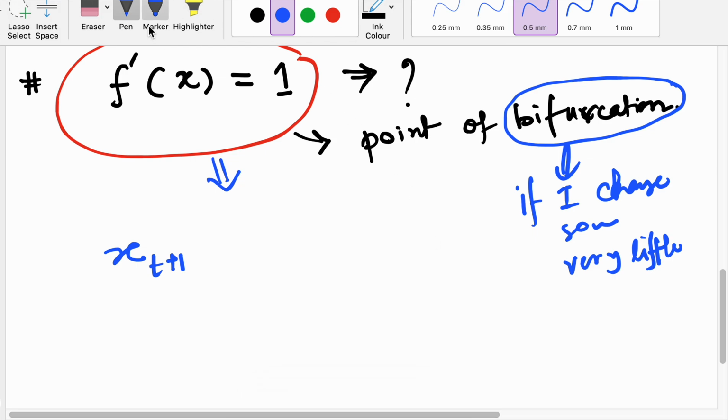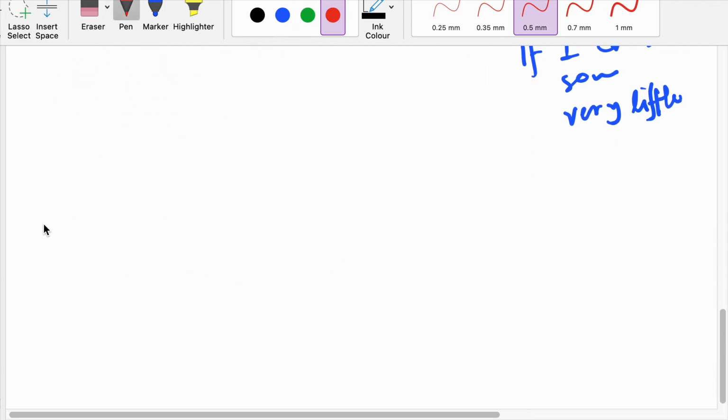Let me give you an example from our discrete population growth model.